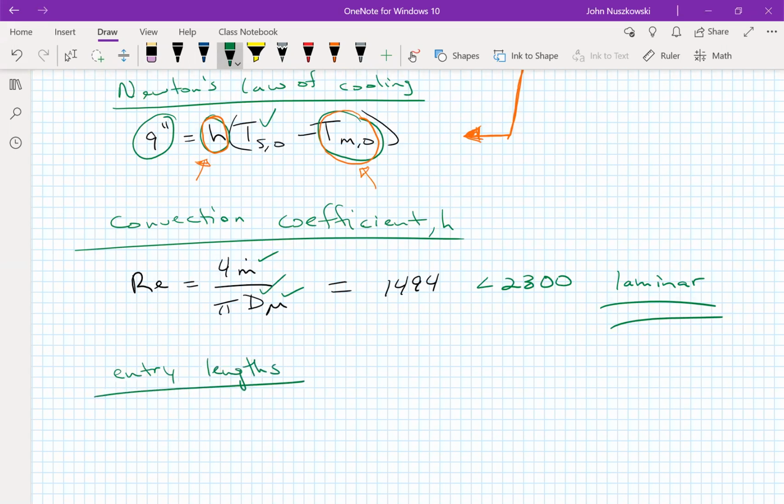Okay, so for laminar, our equations look like this. Fully developed hydrodynamic.